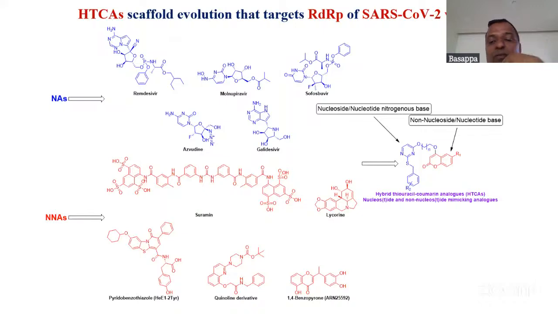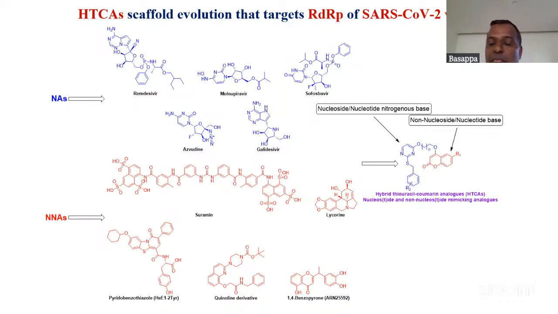So here, what we did, you can see in the right-hand side panel: a nucleoside or nucleotide nitrogenous base was considered, where a non-nucleoside or nucleotide base was taken. Like coumarin structure has been incorporated with the linker. Okay. So hybrid thiouracil coumarin analogs, HTCA, we abbreviated it.